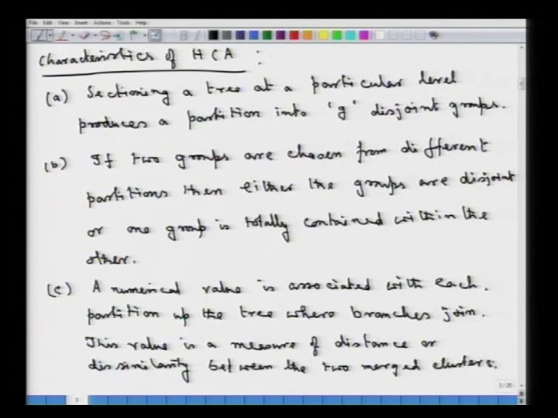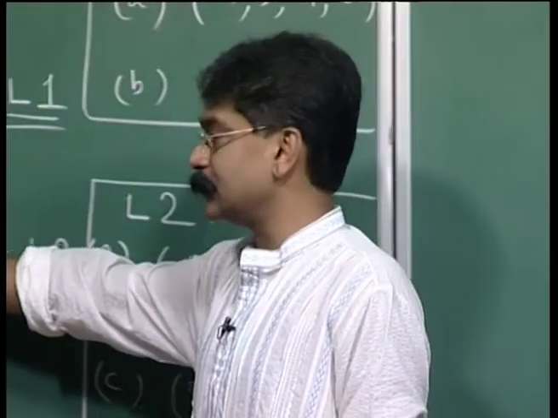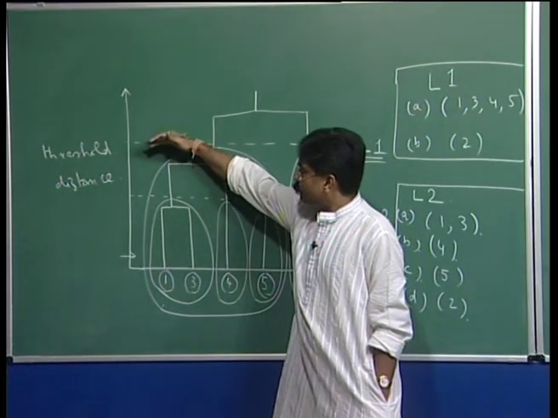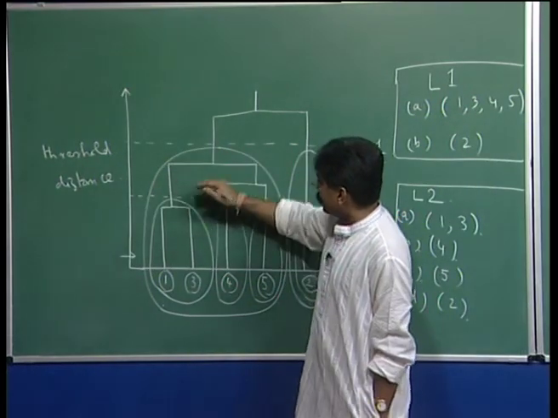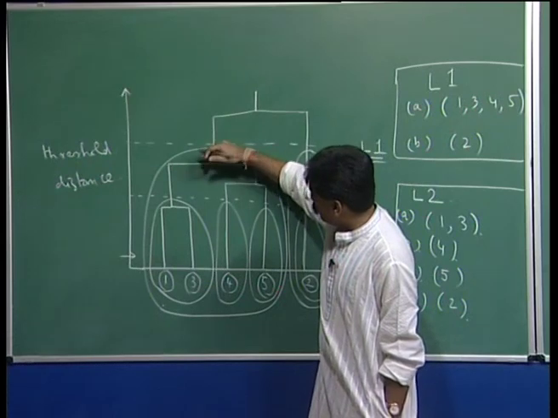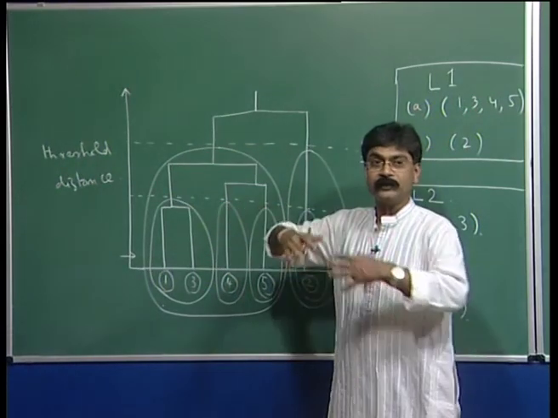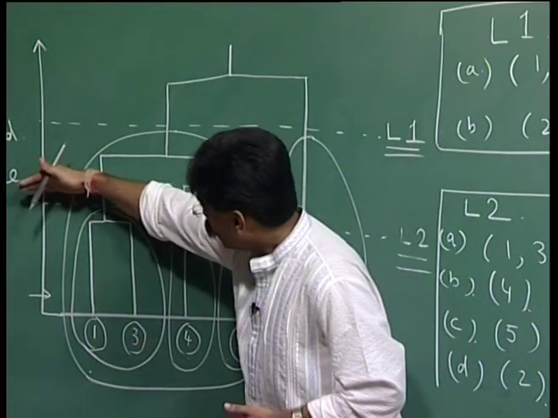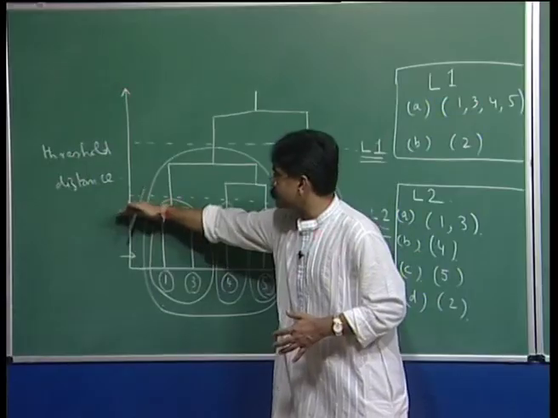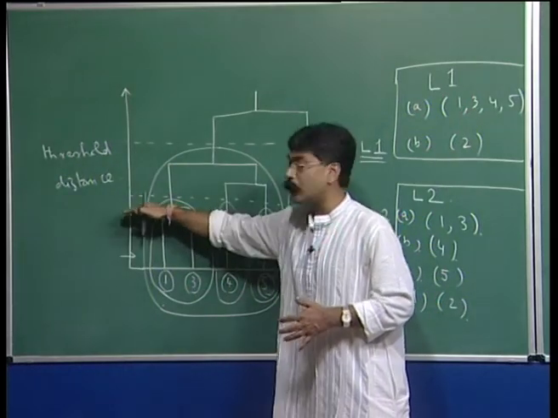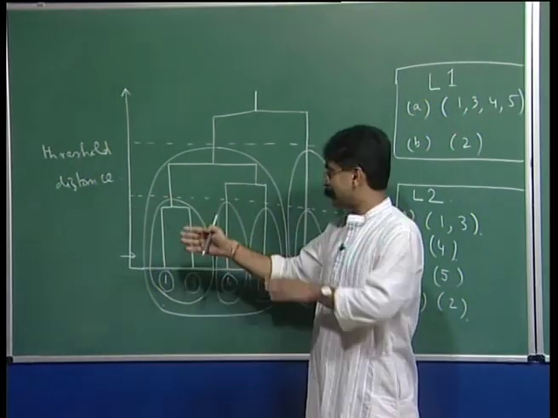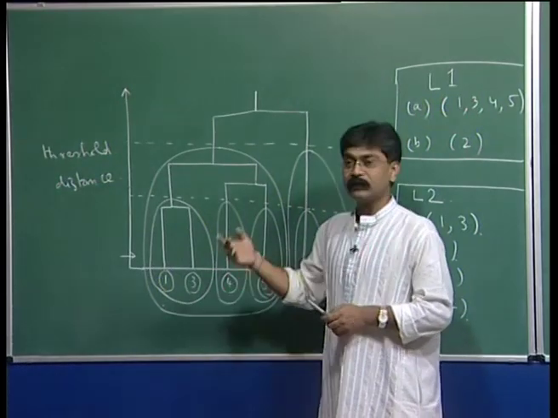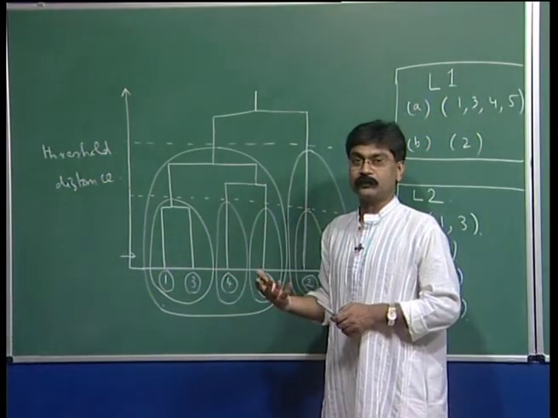Right, because that is what we have seen, that if I said that from this particular figure, that if we are looking at this level of resolution, then here at this particular point all these 4 cases are merged. So at a higher distance all these cases are merged at this distance. So on the y axis here the distances are measured. So corresponding to each merger we will have a distance that signifies at what level the corresponding cases are joined together here.